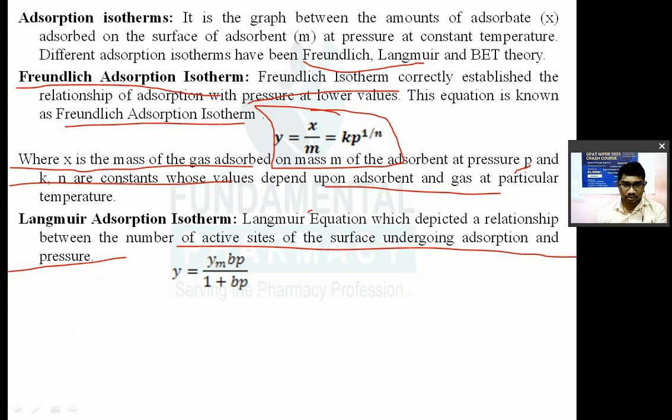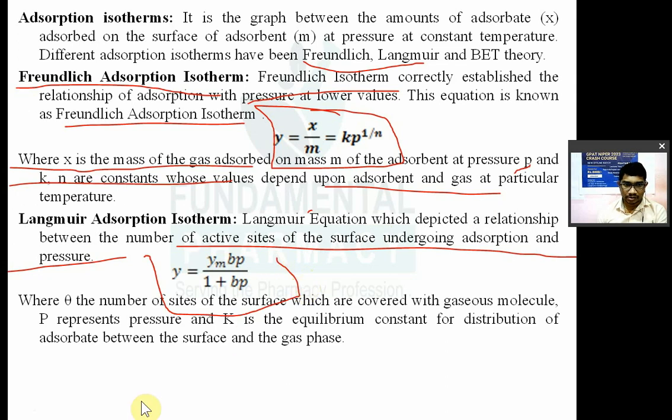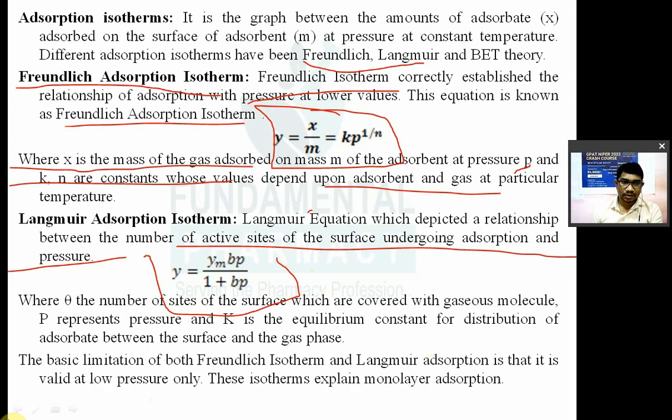Langmuir adsorption isotherm is given by θ = bp/(1 + bp). Here the fraction of active sites covered by gas molecules is denoted by theta, p represents the pressure, and k represents the equilibrium constant between surface and gas phase. The basic limitation of both these isotherms, Freundlich and Langmuir, is that they are valid for low pressure only.